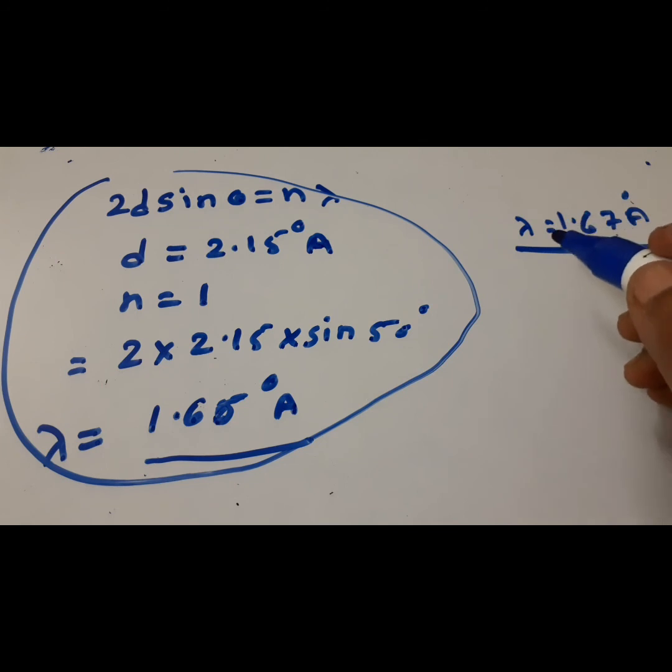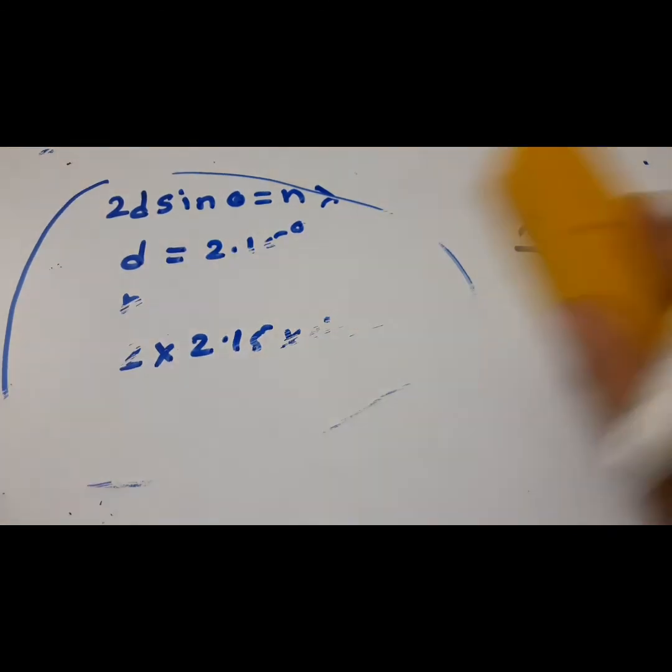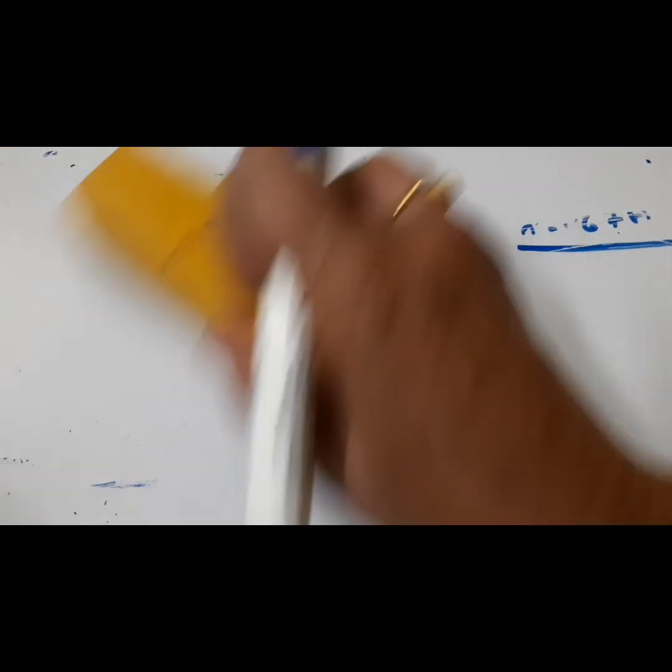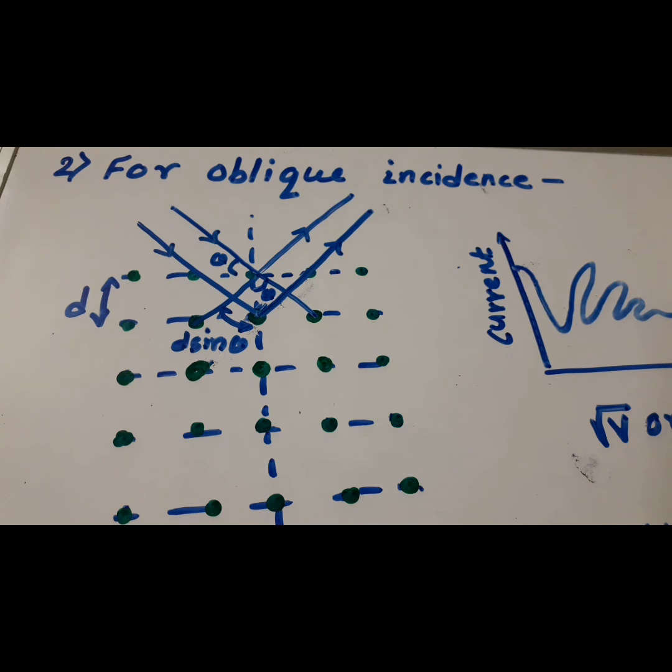Okay. Now the second part is for oblique incidence. In oblique incidence, the crystal is moved in such a way that the angle of incidence and the angle of reflection are the same.